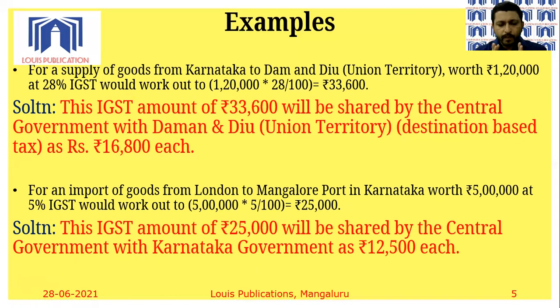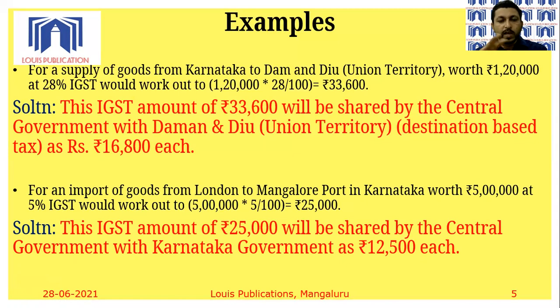A country like France has a single GST, while a country like Brazil or Canada also follows the dual structure GST that India follows. That is sharing of revenue with either the state government or the union territory, depending on the kind of transaction that happens and the revenue that has to be generated.